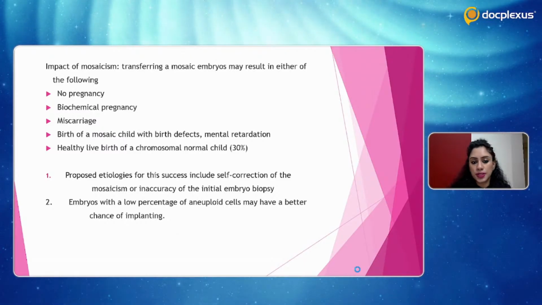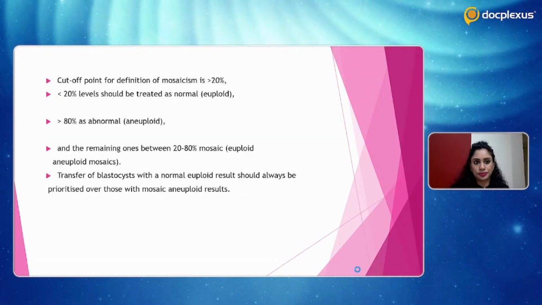Proposed etiologies for this success include self-correction of the mosaicism or inaccuracy of the initial embryo biopsy. So why are these 30% having a healthy birth of a healthy child? Because either the initial embryo biopsy was inaccurate or there is a method of self-correction of the mosaicism by the embryo. Embryos with a low percentage of aneuploid cells may have a better chance of implanting.